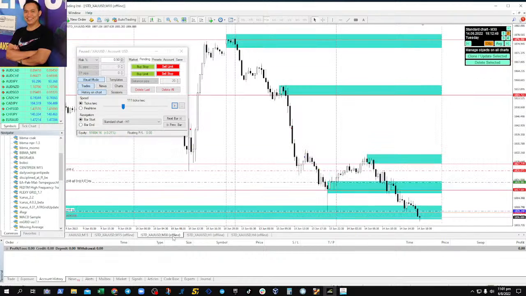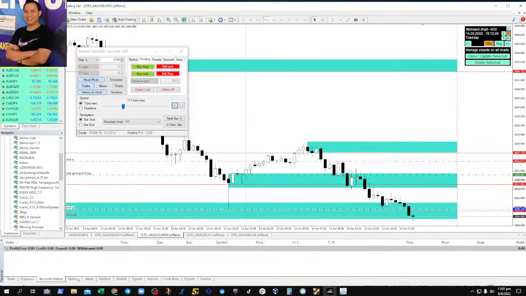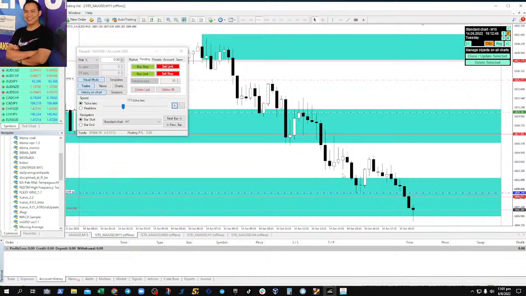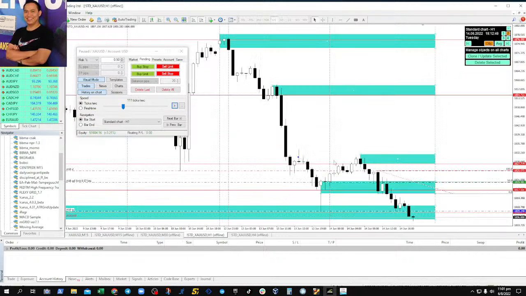I was fixated on this engulfing candle, which by itself is not even a very good pin bar. I was very fixated on that pin bar, thinking it would go bullish, but because of that we missed this big sell over here on H1.